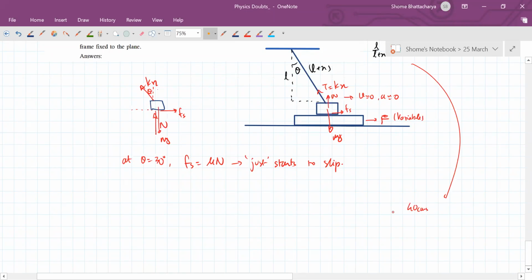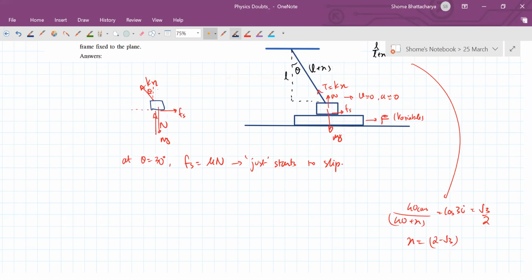So 40 centimeters upon 40 plus x is cos 30 degrees, which is root 3 by 2. From this we will get x's value, and that will be 2 minus root 3 by root 3, or we can just cross multiply.